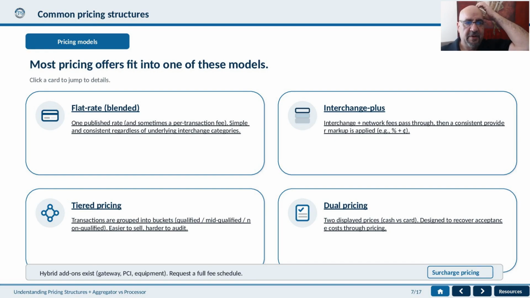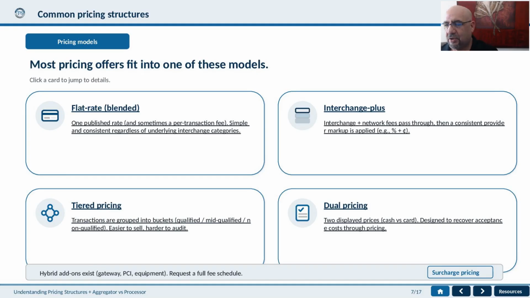Most pricing offers fit into one of these models: flat rate, which you are probably more familiar with nowadays, interchange plus, which I've been talking about, dual pricing, and tiered pricing. Also surcharge, but we're not going to really get into surcharge because it takes an additional add-on system that they just brought out.